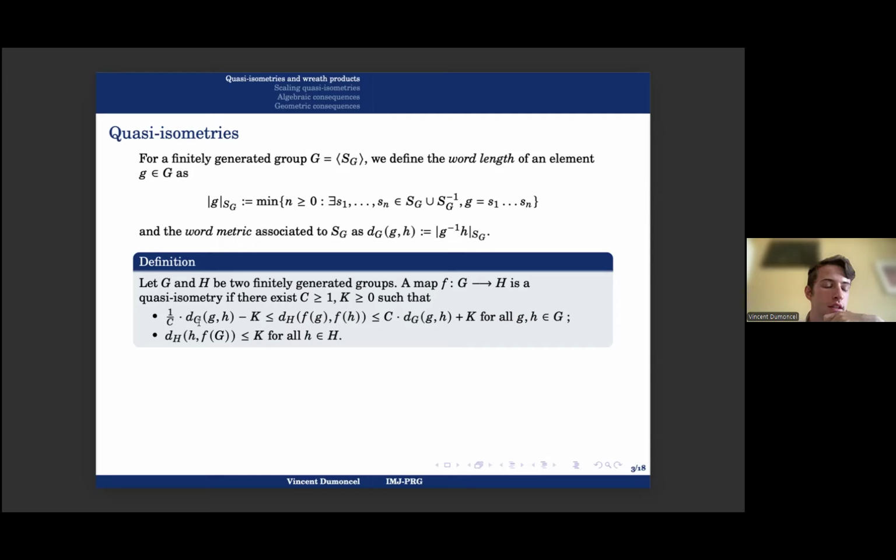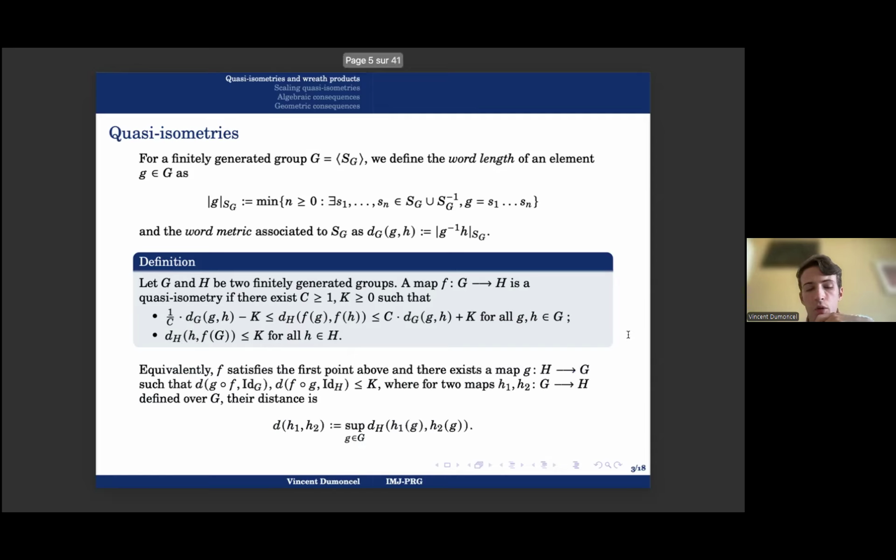Namely, we ask any element of H to be at a uniform bounded distance from the image of F. Okay, so this is really just to be able to invert the map. And another way of reformulating the definition is to say that a quasi-isometry is a map which is a quasi-isometric embedding.